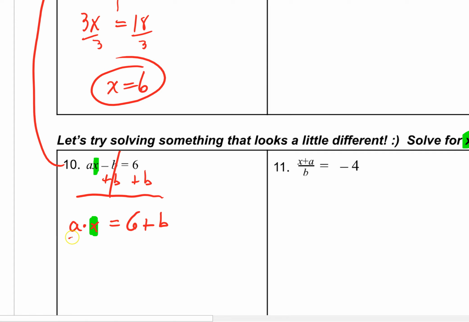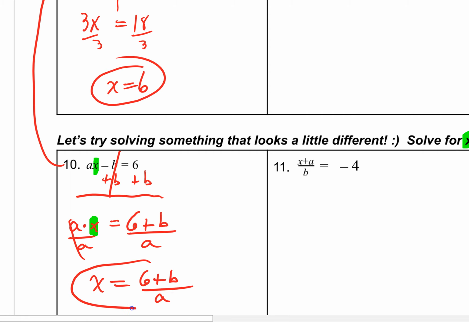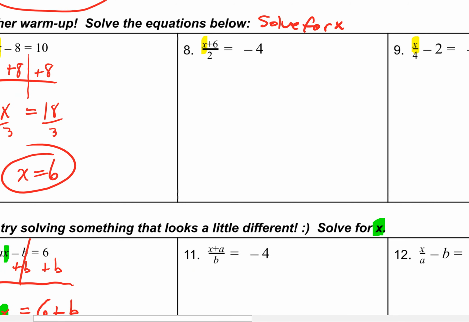So to undo multiplying by a, we divide by a. And please realize your answer could be written as this fraction right here. We don't know what b or a happen to equal. We can't work this out to a single numeric value. All the same, our answer is fine. It's just 6 plus b all over a.